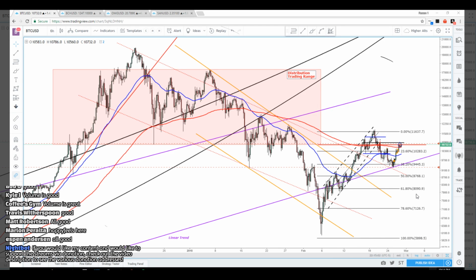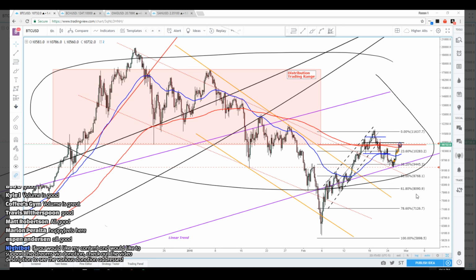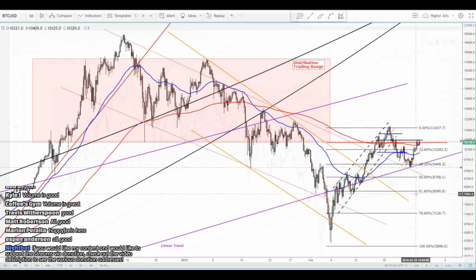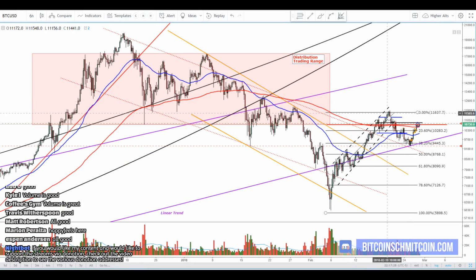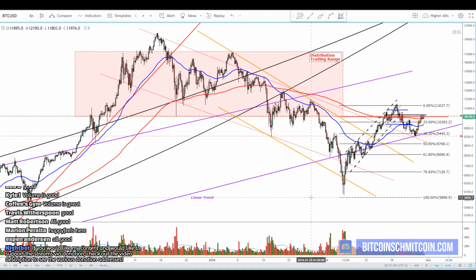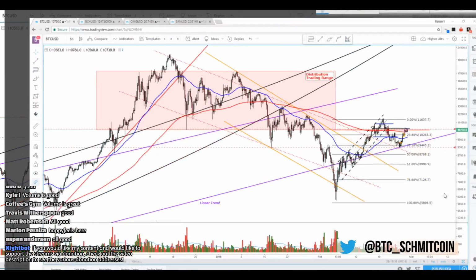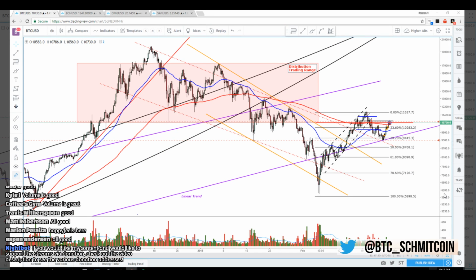So within the context of this giant markdown, this is still last point of supply. Once we start to look at the volume, it actually makes a bit of sense too, because last point of supply typically is a failed rally to newer highs, right?